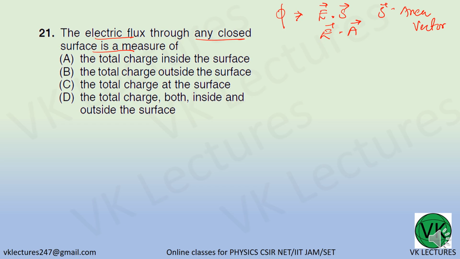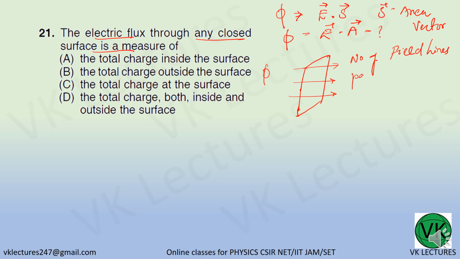Now this flux is due to what? For example, I am considering a thin sheet. What is the flux? Flux means number of field lines passing through this. What do you mean by flux? Number of field lines passing through an area.